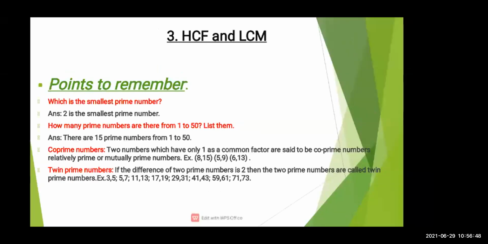Just wait. 3 and 5. Now 3 and 5 का first हमको क्या करना है? Prime number करना है. Prime number means we have to find out that they are prime numbers.